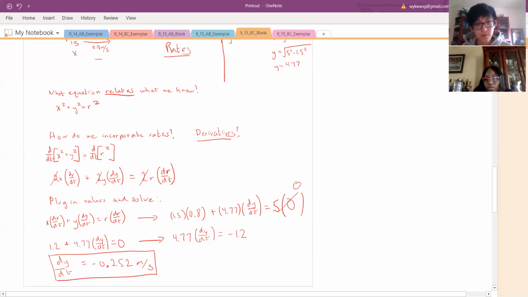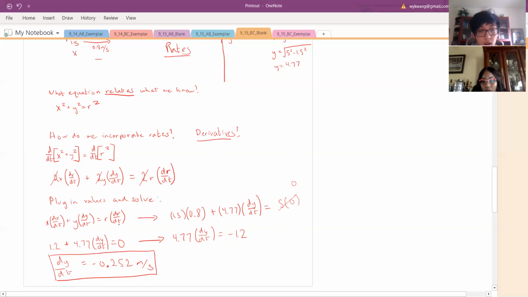The first one. When you put the 0, why did you put it 0? Wait, right here. So do you understand why, sorry, my internet connection is kind of bad, do you understand why dr over dt would be equal to 0?